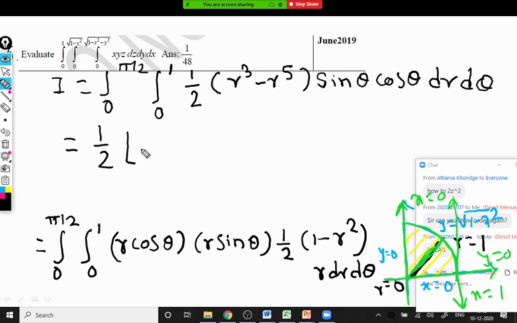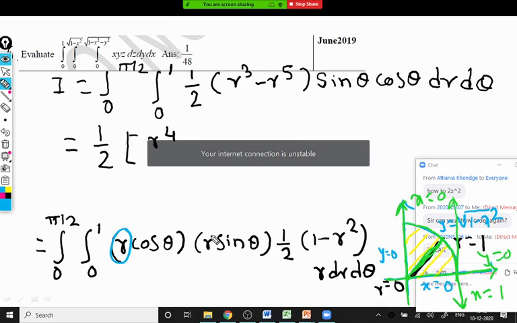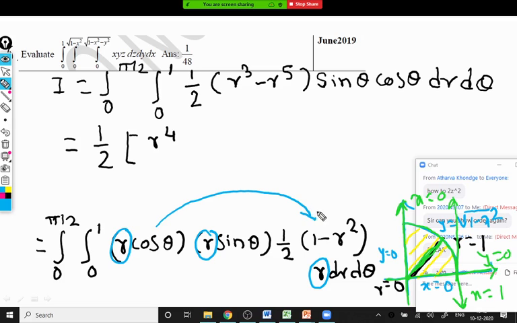I didn't understand the step you did right now: r cube minus r raised to 5. This is simple simplification. How many r's are there? 1, 2, 3. Multiply these in this bracket. Are you getting it? Yes, sir. You should think on the problem, the simple simplification.